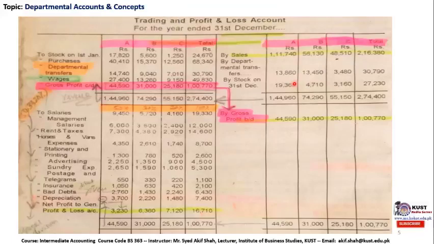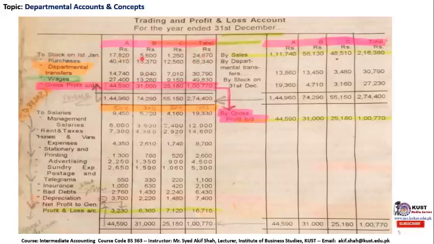So let's write down the related data, as we have three departments, Department A, B and C, and then the final column shows us the total value of all the business by summing them up. Let's start with the opening stock, or the inventory on hand at January 1st.